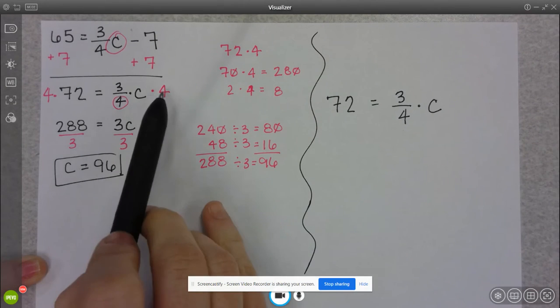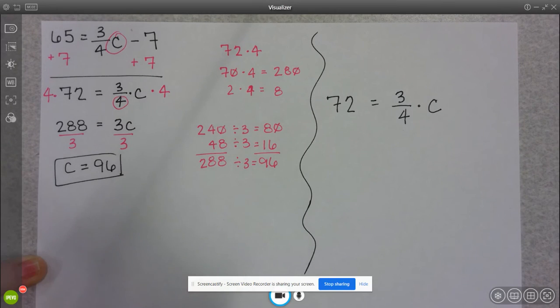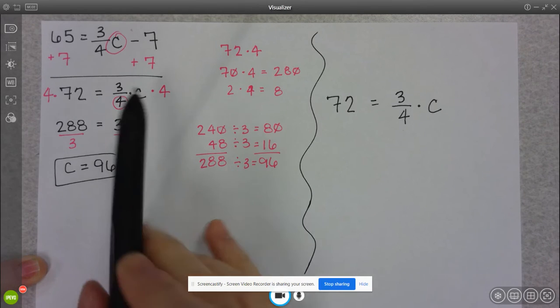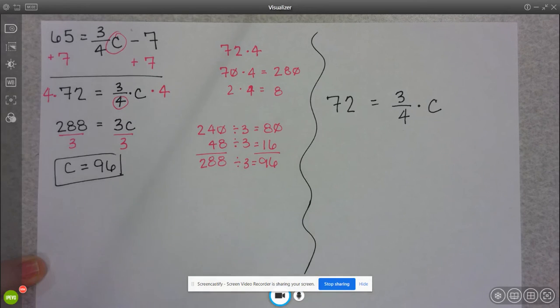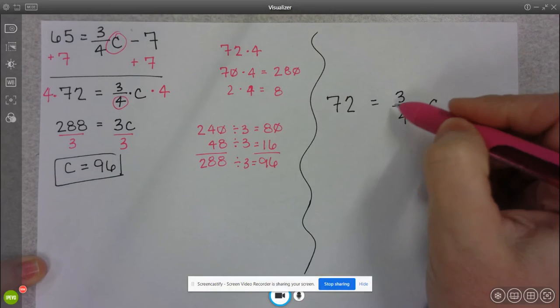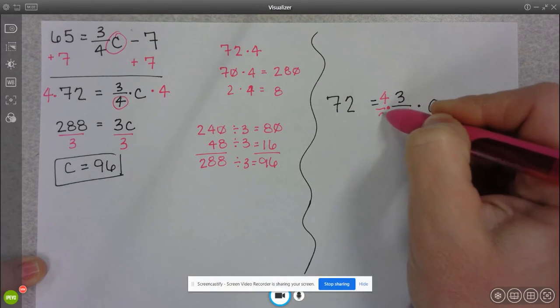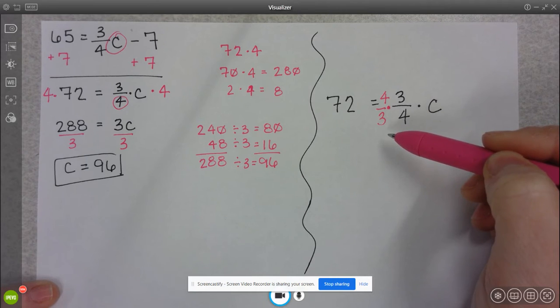Now here you'll notice I did the opposite of each of these things one step at a time. I multiplied by 4 to get rid of my denominator, and I divided by 3 to get rid of that numerator. It is possible to do both of those things at one time, and what you're doing is multiplying by the reciprocal or the fraction inverted.